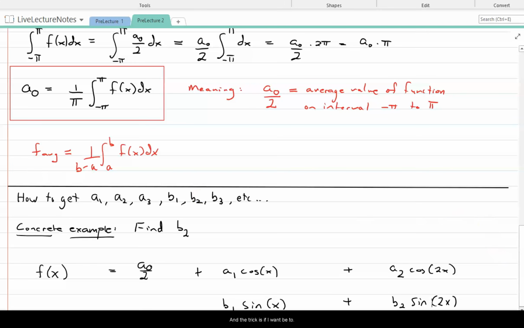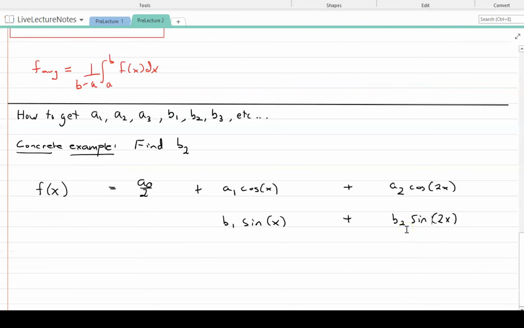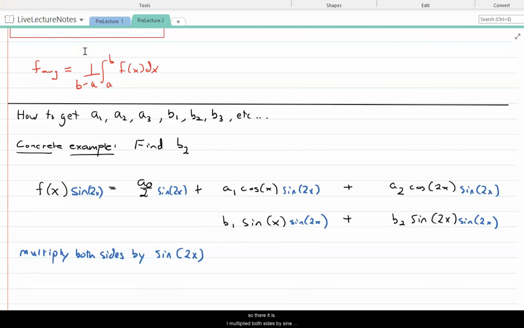And the trick is, if I want b2, I'm going to multiply both sides by sine of 2x. So let me do that. I multiplied both sides by sine 2x, so I get a sine 2x in every term.